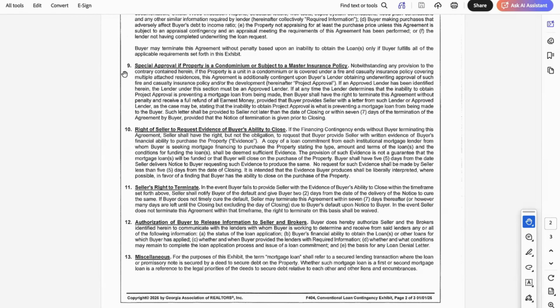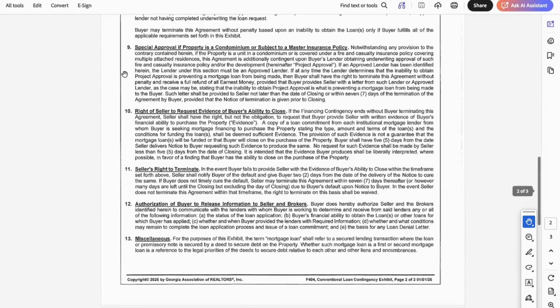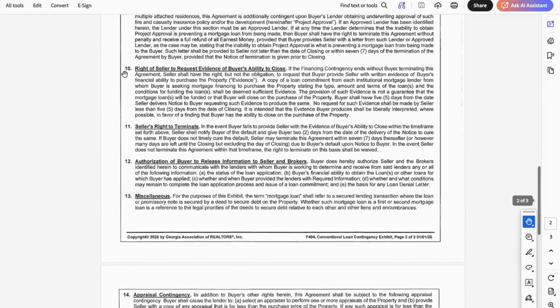Earnest money is refunded. Buyer must provide a lender letter explaining the project denial. The deadline is before closing or within 7 days of termination notice. The purpose of this is to protect buyer from non-warrantable conduct.